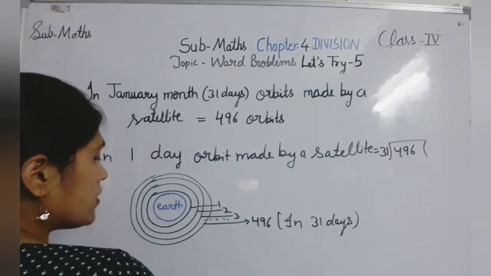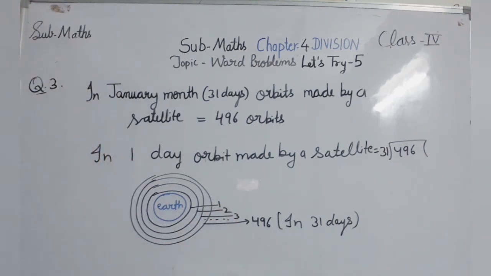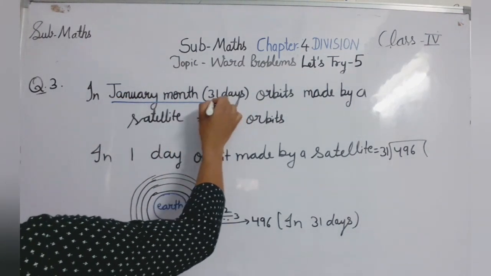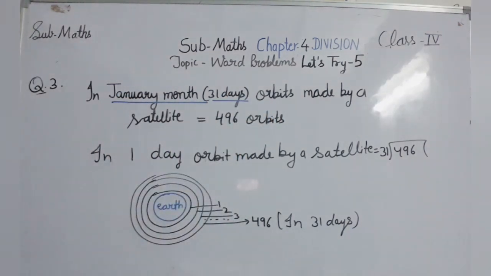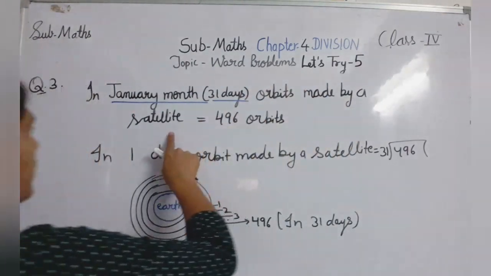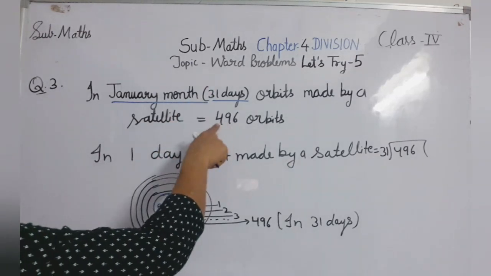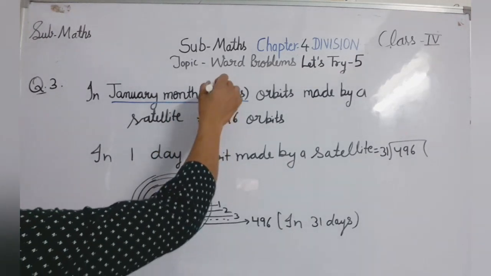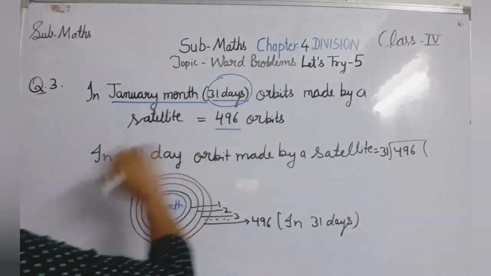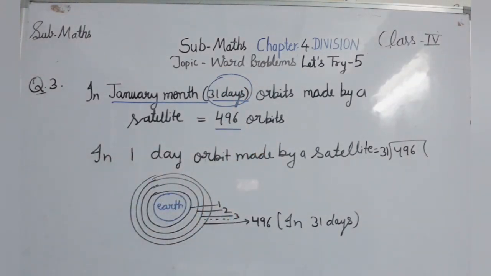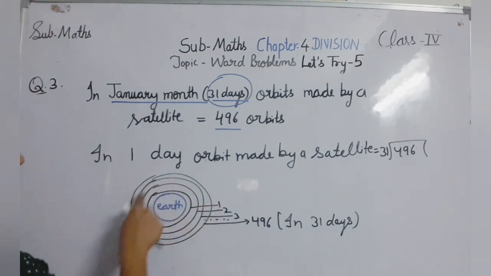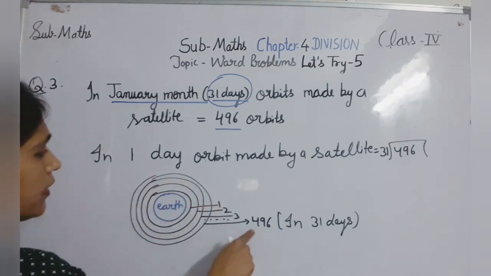So orbits made by a satellite in January month, or you can say 31 days, these are both similar things. So the satellite took 31 days to make 496 orbits. It made one orbit, 1, 2, 3, 4, 5, 6, like this.